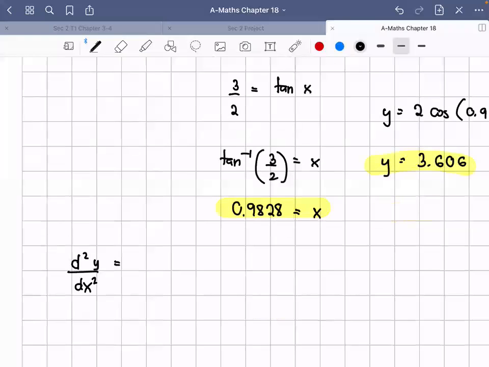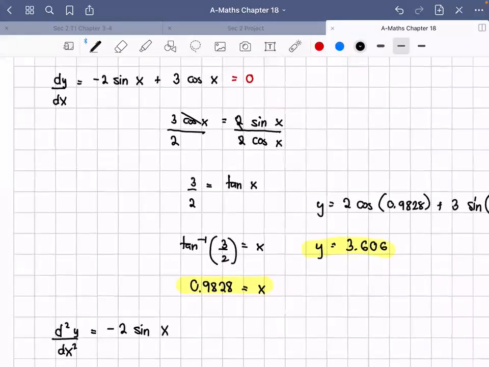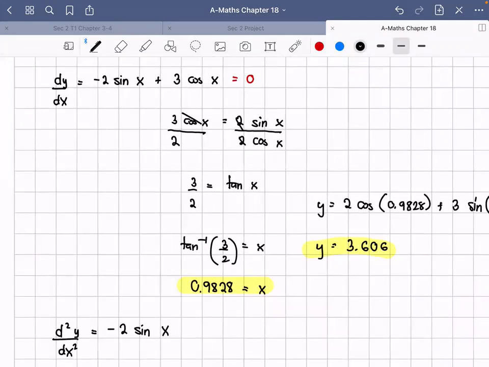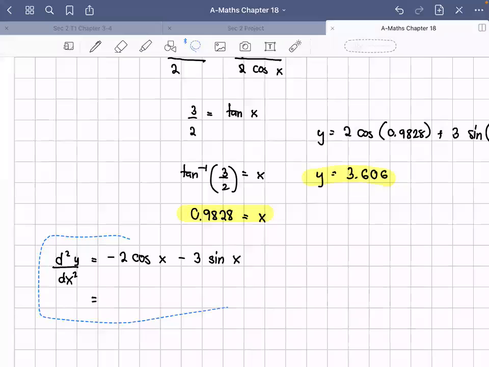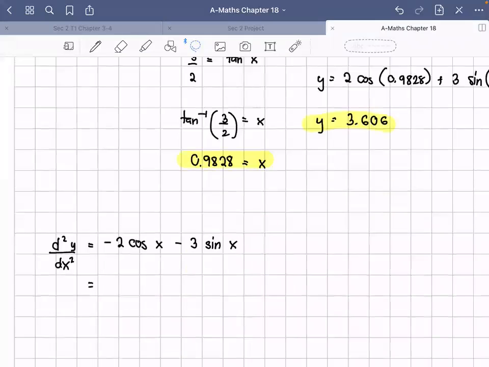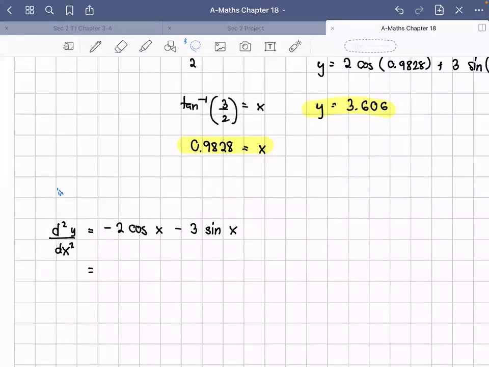negative 2 cosine x minus 3 sine x, and then just plug in our x value, when x is equal to 0.9828.